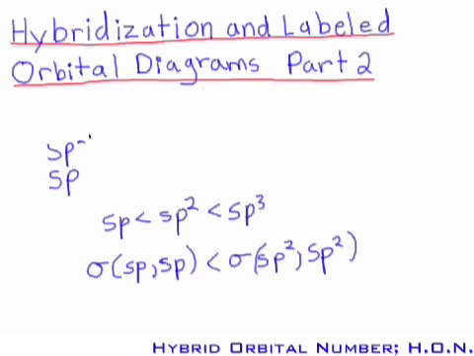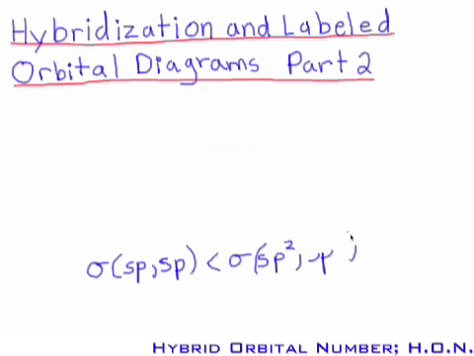And the hybrid orbital number was explained to you as the total number of atoms approaching the central atom. So you count up the atoms bonded to the central atom, and that would give you a hybrid orbital number. And from that, you could get hybridization.